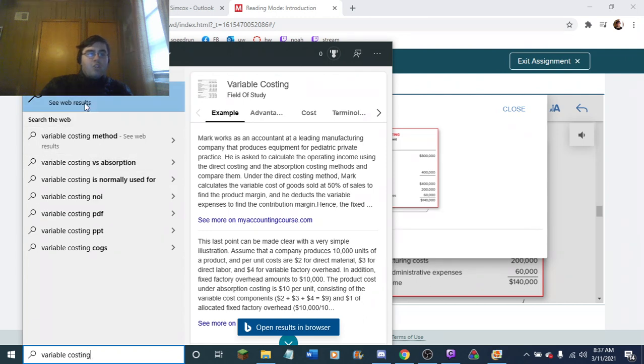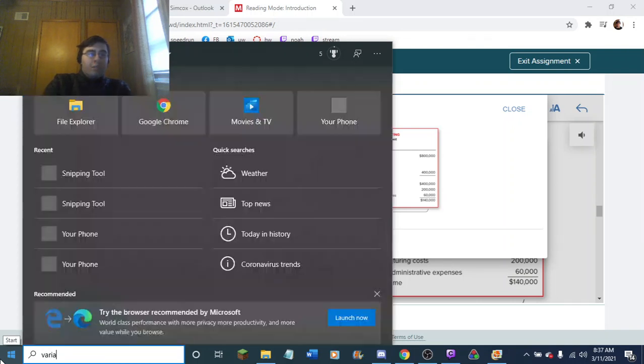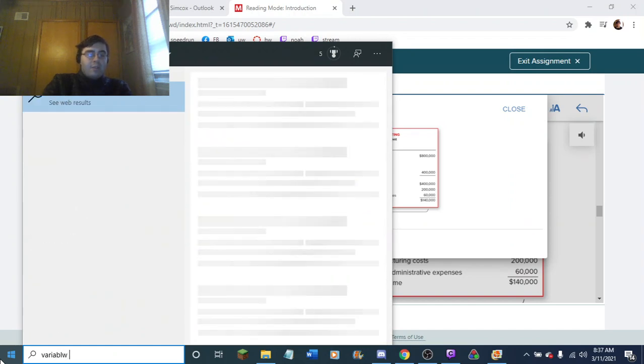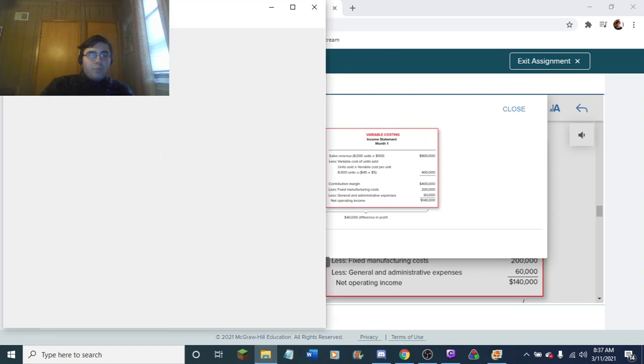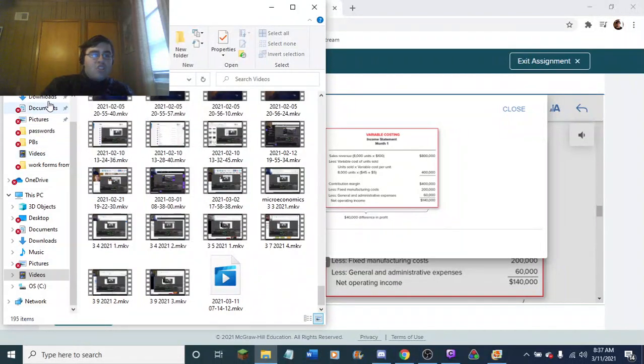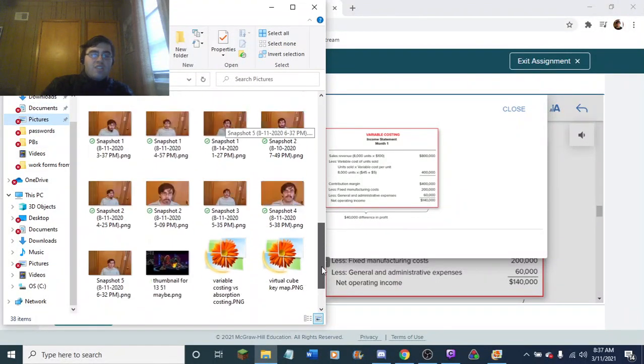It's not showing the picture when I search for it. I literally saved it as variable costing. I just did that. How is it not showing up?